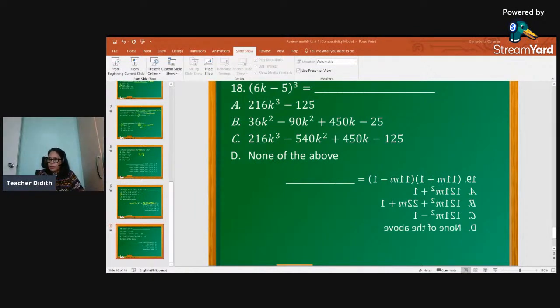Tama rin yung naging sagot mo? Now, whatsoever is your solution, as long as you'll get the correct answer, that would be fine, no? And if your solution is easier, of course, you can use that solution. Our goal is to come up with the same correct answer, no? Okay. Sige. 18 tayo.